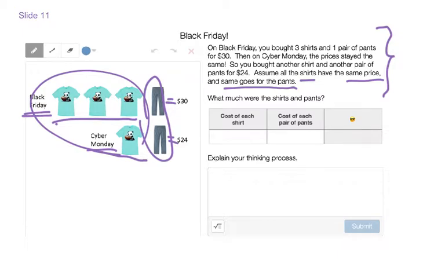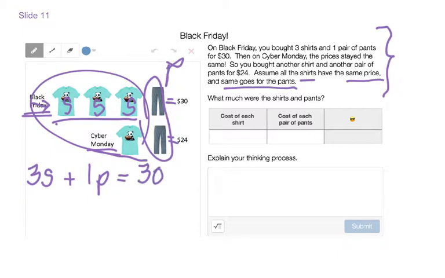I'm going to actually use S for shirts and P for pants, because it doesn't tell me I have to use X and Y. So how many shirts did I buy on Black Friday? 3 of them. So 3S. How many pairs of pants? 1 pair of pants. And how much did I spend? $30.